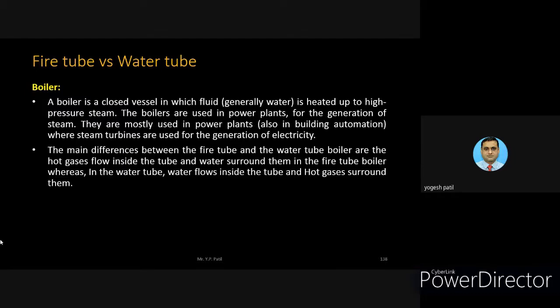When we talk about the two different types of boiler, fire tube boiler and water tube boiler, there is a very small difference between the two. In a fire tube boiler, the hot gases flow inside the tubes and water surrounds the tubes.